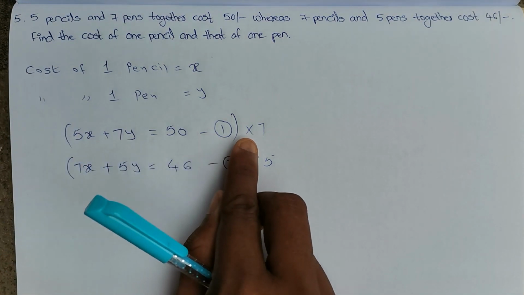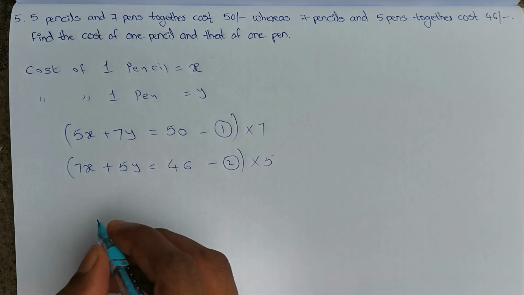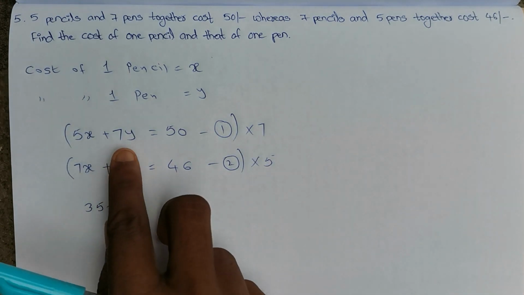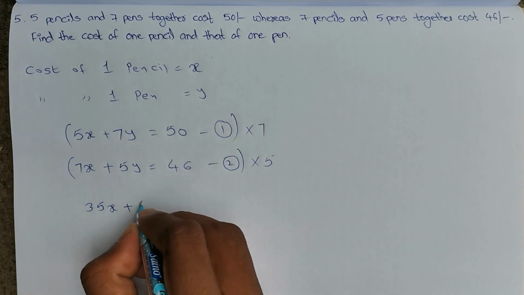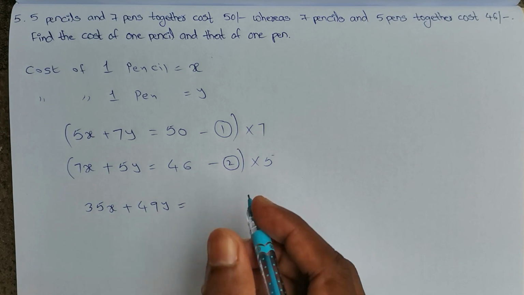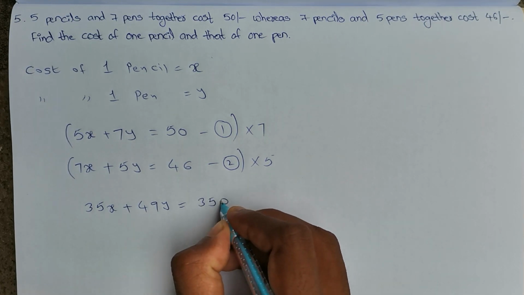5X into 7, 35X plus 7Y into 7, 49Y is equal to 50 into 7, 350.